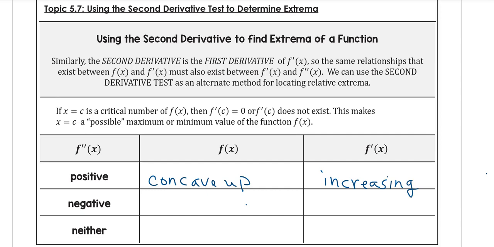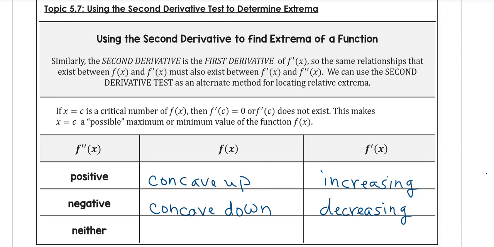If our second derivative is negative, then f of x is concave down, and that means that our derivative is decreasing. So that means we're decreasing towards an extrema, so it would be a minimum.